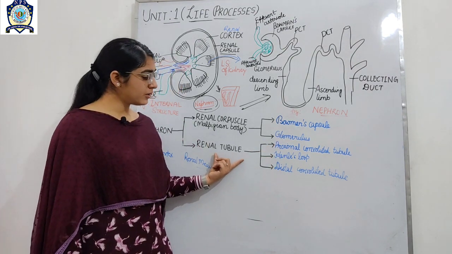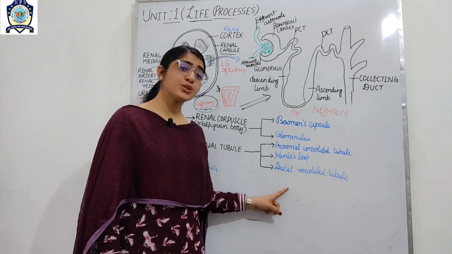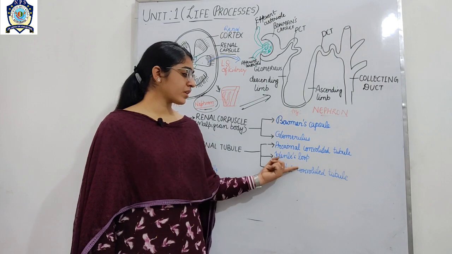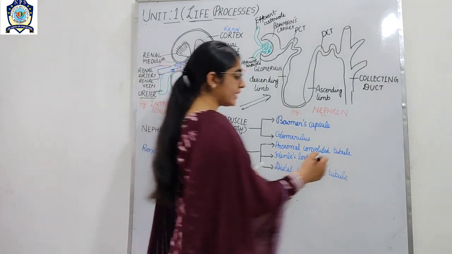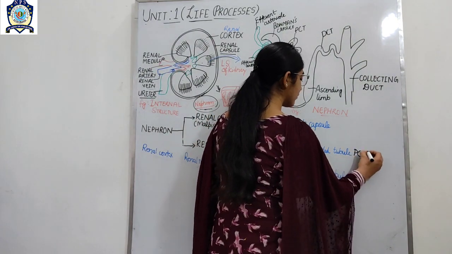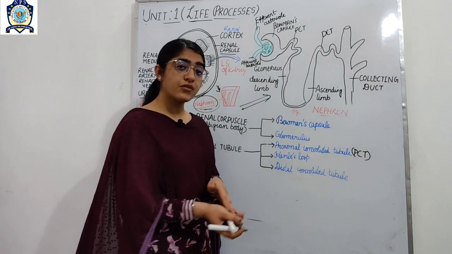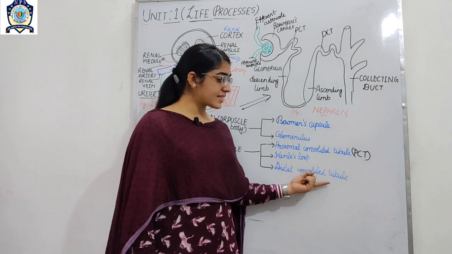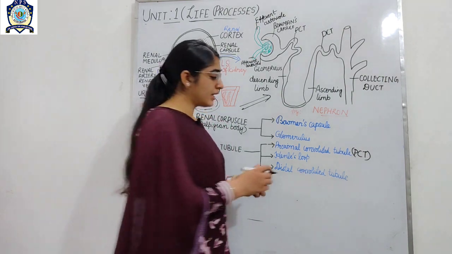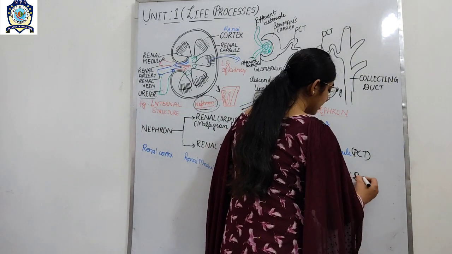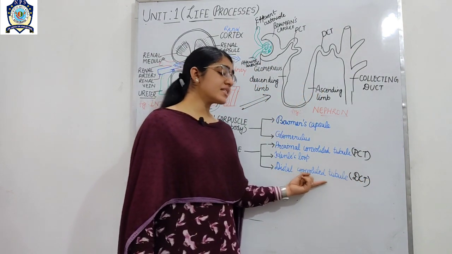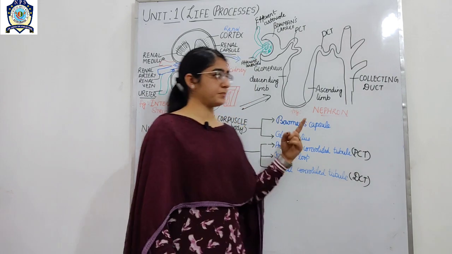The renal tubule is further divided into three parts: the proximal convoluted tubule, also called PCT, Henle's loop, and the distal convoluted tubule, the abbreviation of which is DCT.